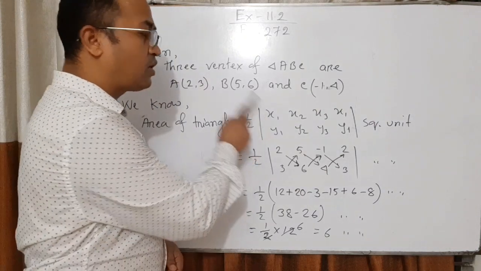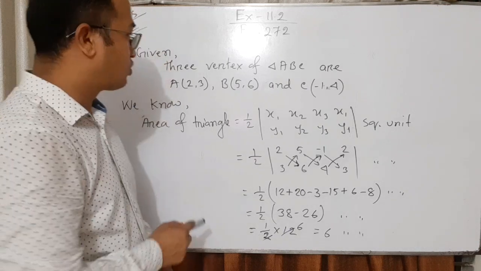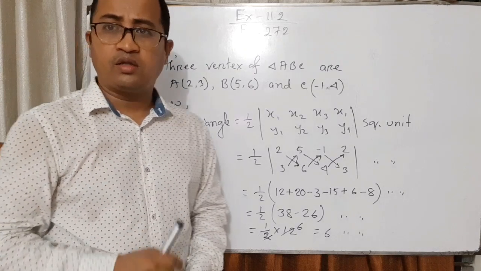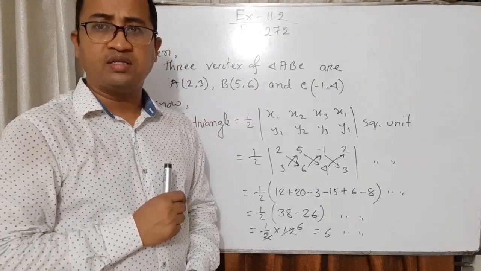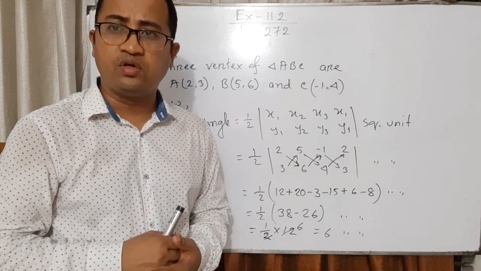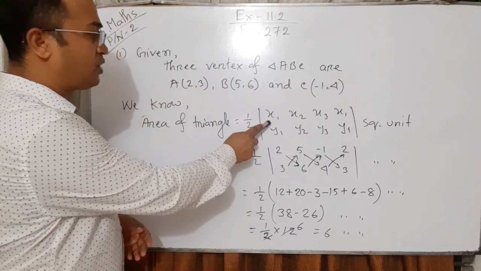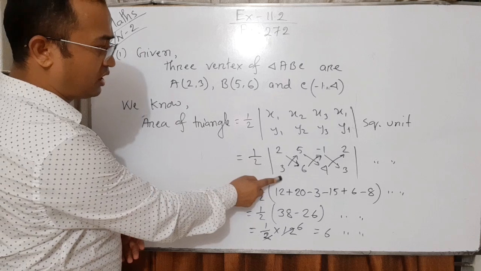Here, what is the value of x1? What is the value of y1? We consider the coordinates of vertex A as x1 y1. Similarly, B will be x2 y2 and C will be x3 y3. So x1 is 2 and y1 is 3.